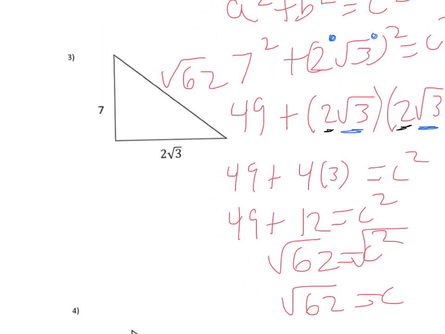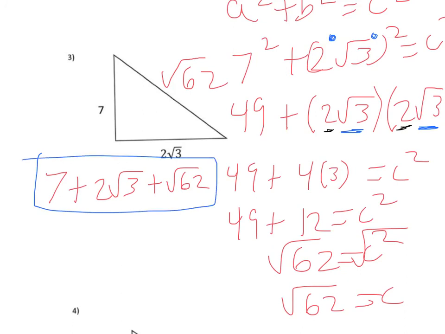Just like we've been doing, 7 plus 2 radical 3 plus radical 61. 7 plus 2 radical 3, can't do anything. 2 radical 3 plus a radical 61, not the same. And can we break down that radical 61? We can actually not. So we're moving on. We're all done here.